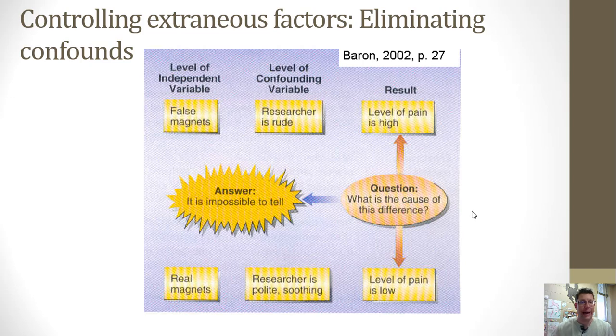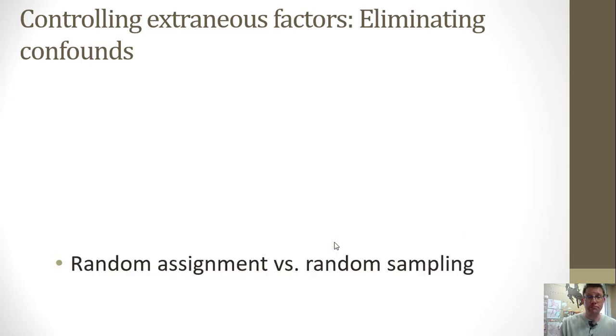That way they can't systematically affect or influence the participants in this way. So if this researcher was blind to the condition of the independent variable that the participants were in, they wouldn't have this effect on people, because they wouldn't be able to affect people in a systematic way, because they wouldn't know which condition people were in.